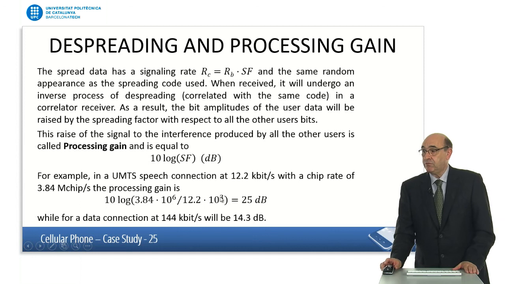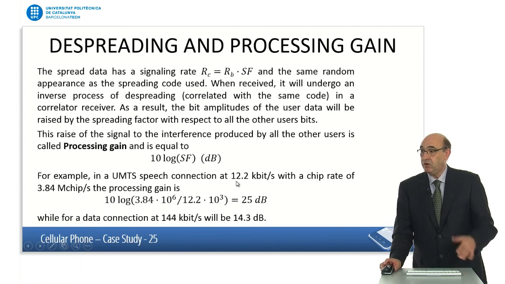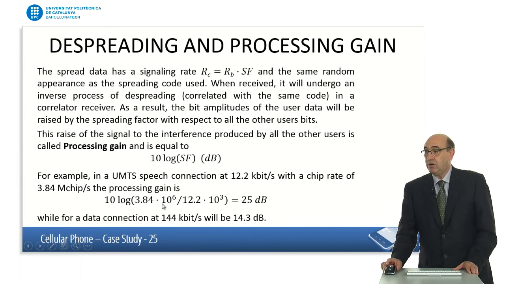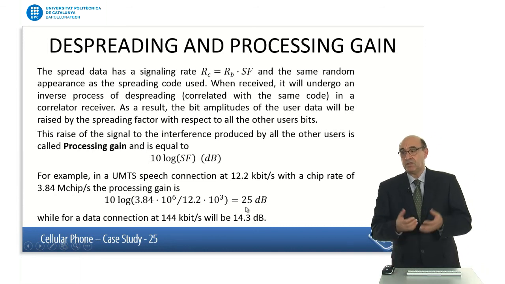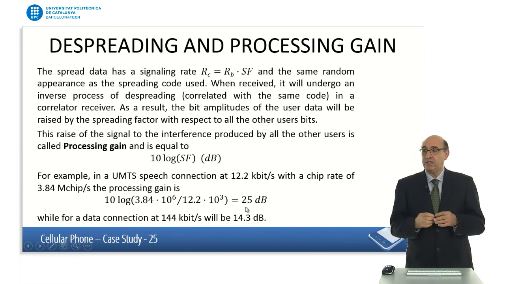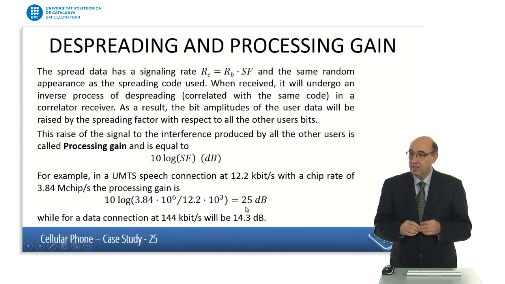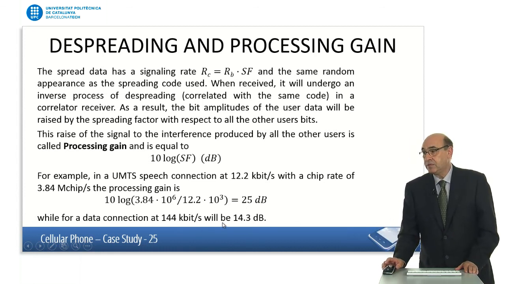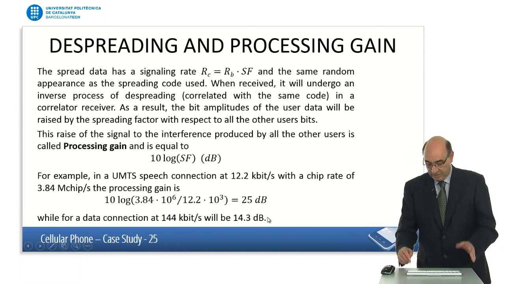For instance, for the speech connection, which originally was 12.2 kilobits per second, the spreading sequence brings this to 3.84 megachips, then 10 log of this ratio gives you a processing gain of 25 dBs. So this is really the main advantage of CDMA systems. If the data connection is at 144 kilobits, then the gain is lower, but it still is significant.